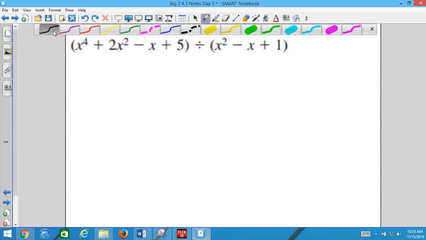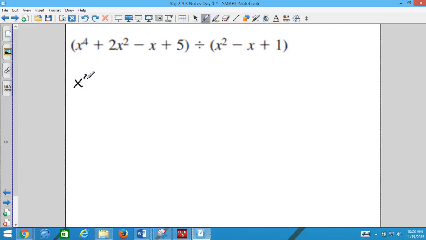So for this one, I'm gonna start out by putting x squared minus x plus 1 out here, and then underneath I'm gonna have x to the 4th, and then I notice that there's no x to the 3rd. So I have to put 0x to the 3rd, or I'm gonna run into a problem.